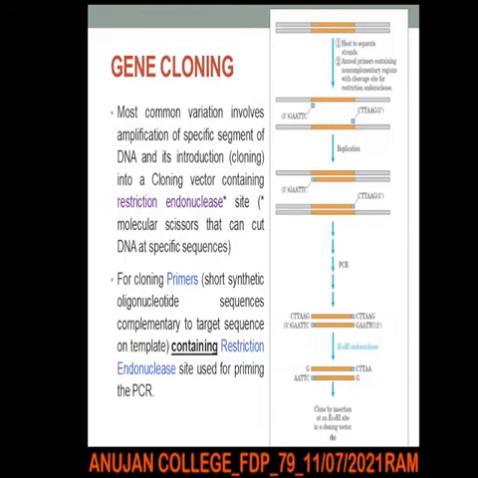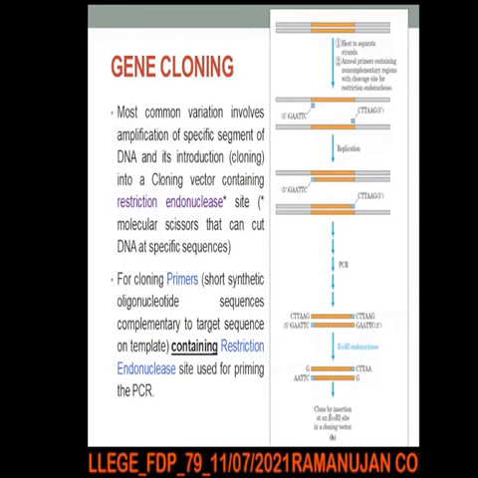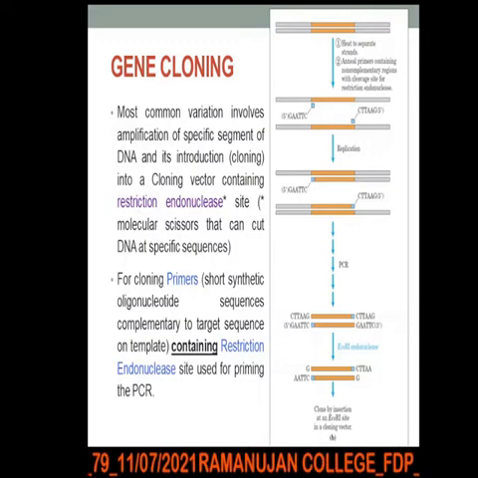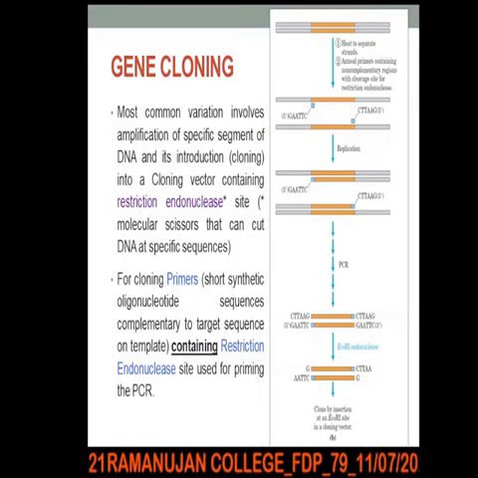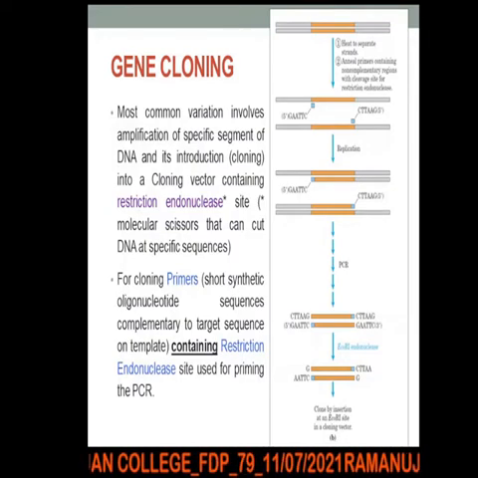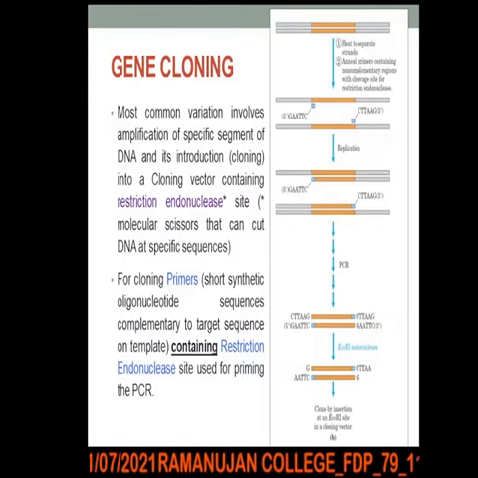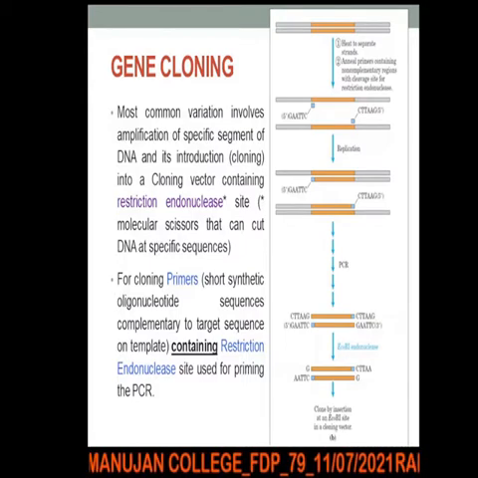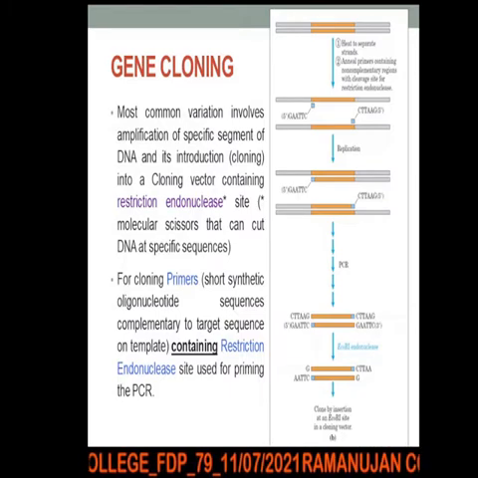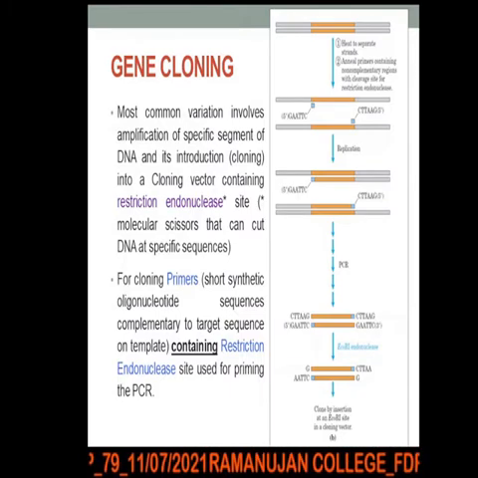These restriction endonuclease sites are nothing but sites in the DNA molecule that can be cut by restriction endonucleases, which are just a type of molecular scissors that can cut DNA at specific sequences.